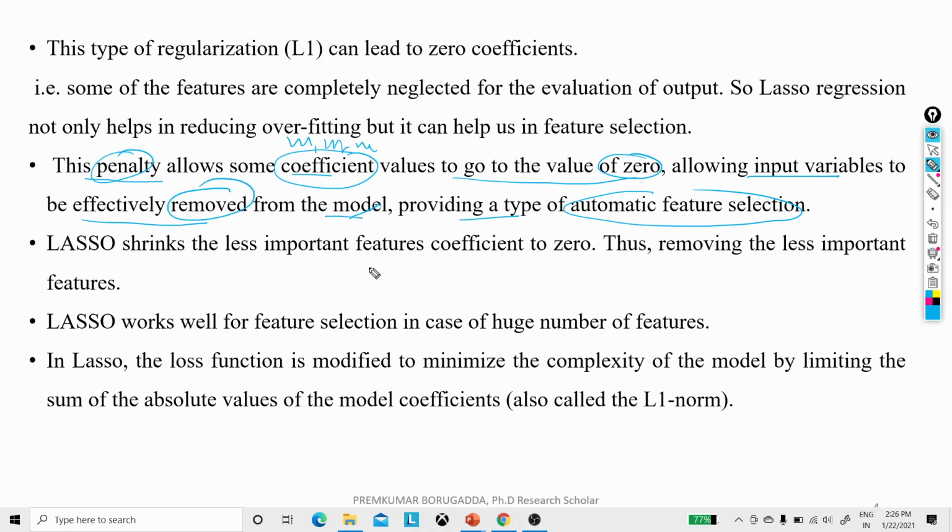Suppose it is x1, x2, x3, x4, x5 and the target variable, with coefficients m1, m2, m3, m4, m5. If a coefficient value is 0, the corresponding feature will be removed. This feature is not important for predicting the target variable, so we remove this extra feature.